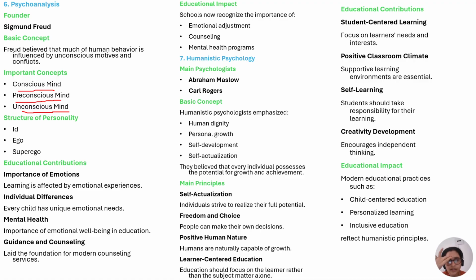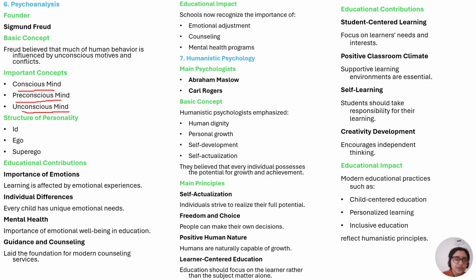The preconscious mind is the information that we bring from the past, that is memories, facts, etc., into the conscious mind. The conscious mind is present. The preconscious mind is past, memories and facts that we have learned previously. We are bringing it from the preconscious state to the conscious state.